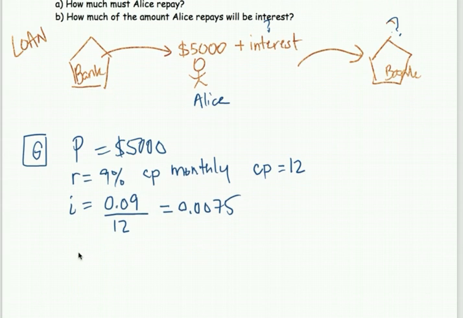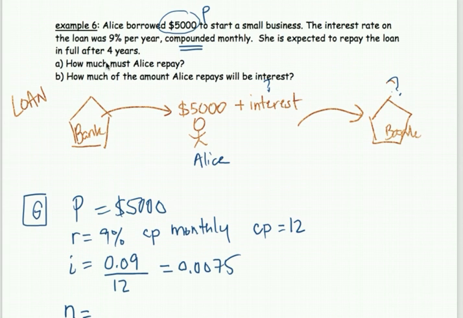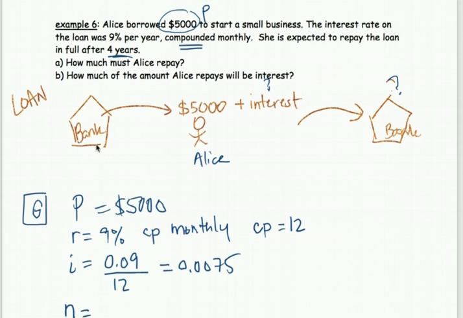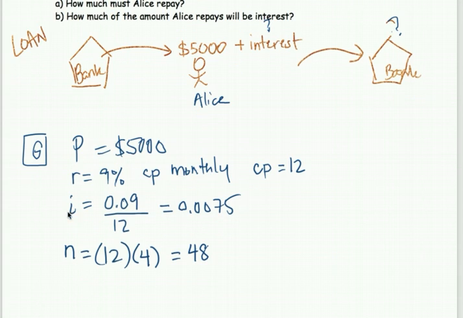Then, remember, she has this money for 4 years up here. If she is being charged interest every month, so that's 12 times in 1 year, and she has to have interest charged for 4 years, how many times does the bank charge her interest? 12 times 4 is 48 times the interest goes boom, boom, boom on her $5,000.